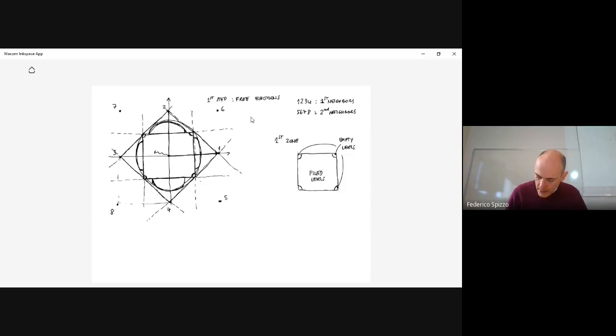Close to the corners, we have empty levels. So those four regions close to the corners of the square are made of empty levels.